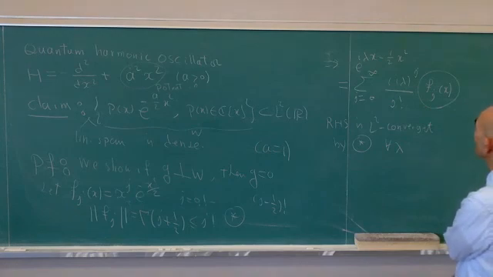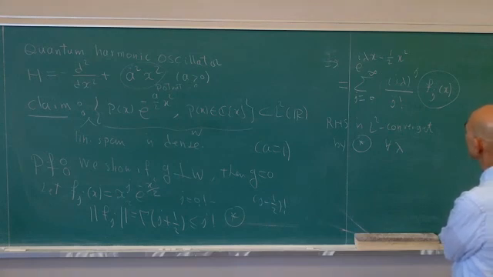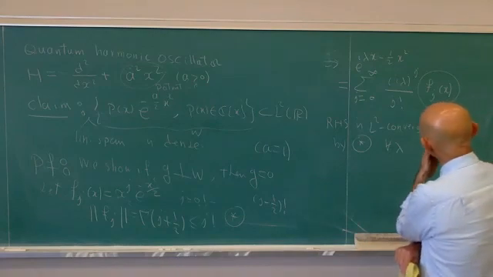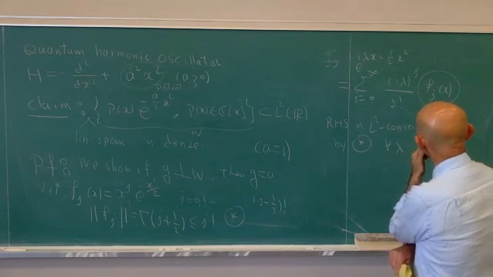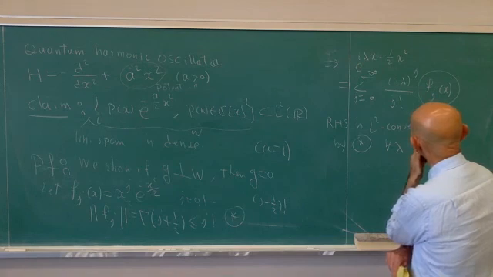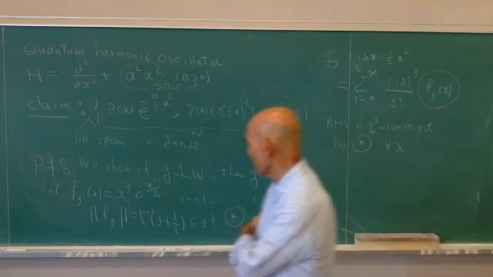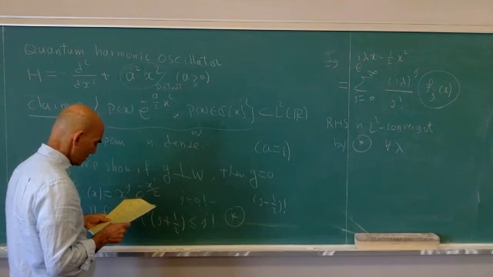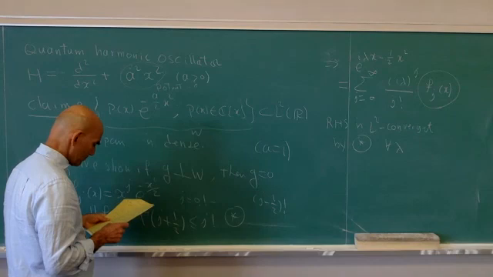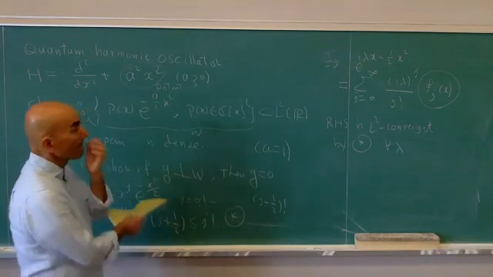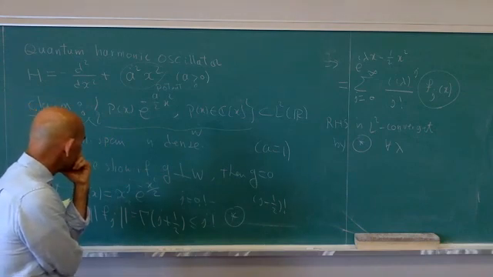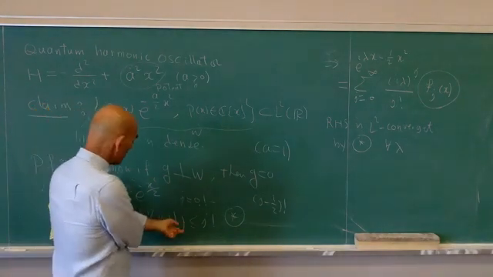I don't like the argument because this only gives me j factorial.